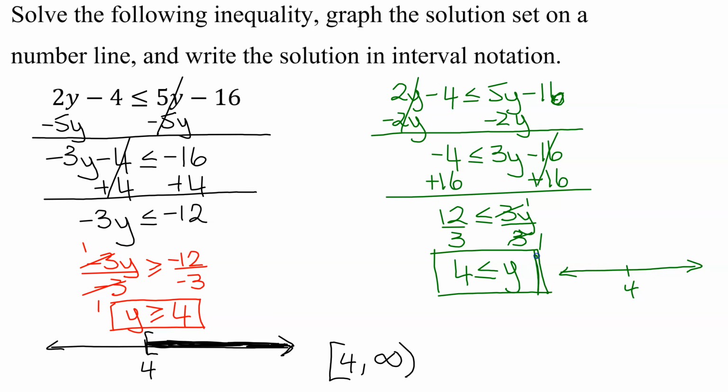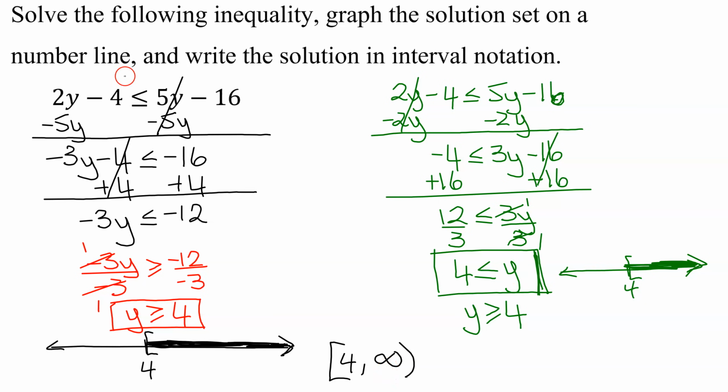It's like you put a mirror down here and you reflect it across, and you get y is greater than or equal to 4. When you reverse the order of an inequality, you reverse the inequality symbol. And now you see y is greater than or equal to 4. It's obvious that you're going to shade to the right and put a square bracket on it, and you will get the same interval notation.